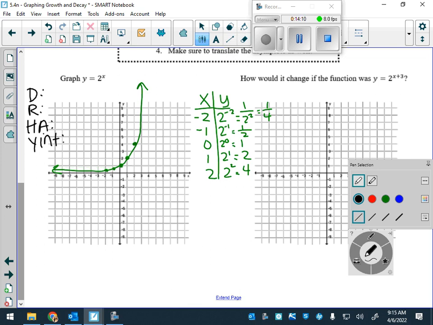What is our domain? Excellent, Mia, good. -infinity to infinity. What would be our range? What's your first thought? Yeah, Jason. Wait, you can't go to 0. Okay, so what can you do?